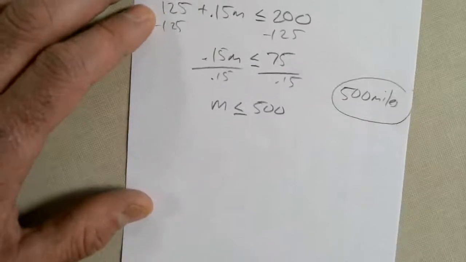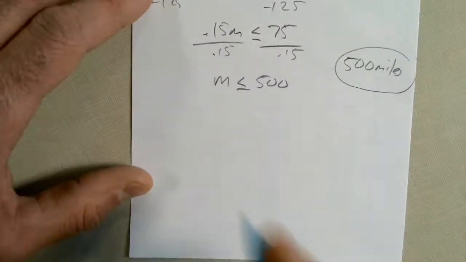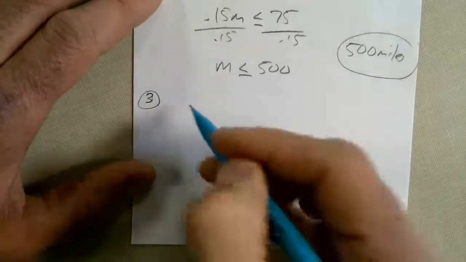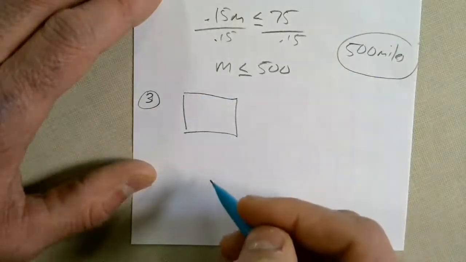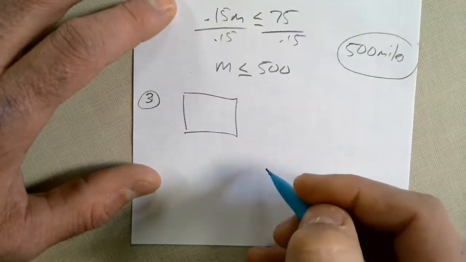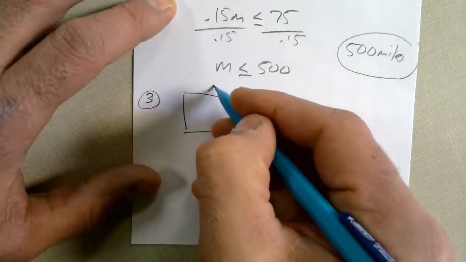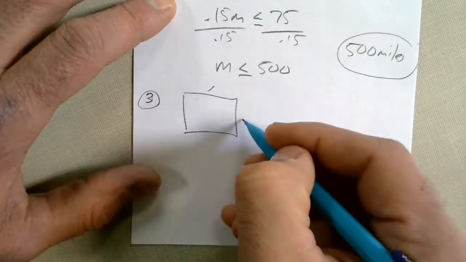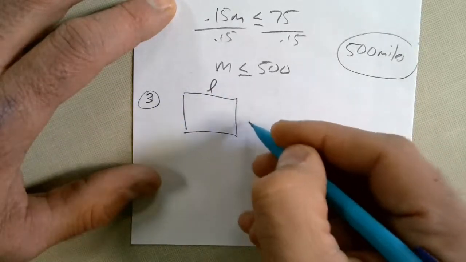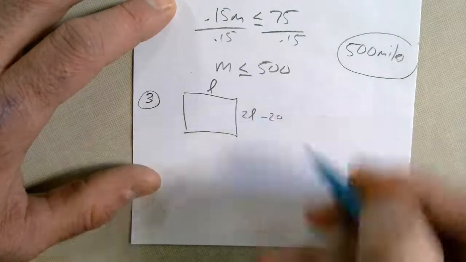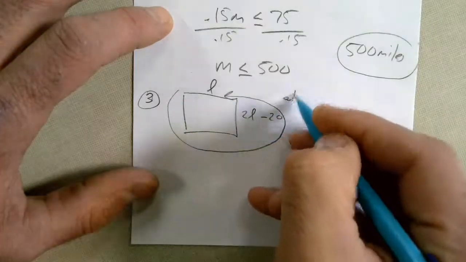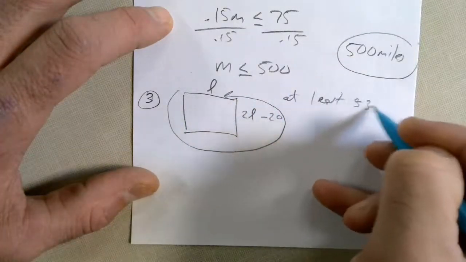Okay, let's do one more example. Example number 3. This one's slightly more complicated. The width of a rectangular computer screen is 20 centimeters less than twice the length. Okay, so we have the length here, the length of a computer screen, and then the width is 20 less than twice the length, and the perimeter is at least 53 centimeters.